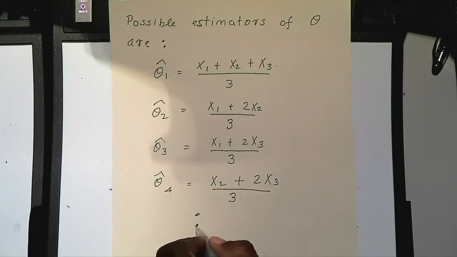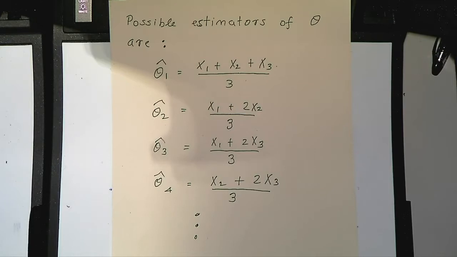So the thing is, there's no one way of estimating a parameter. There are possibly many different ways of estimating the parameter. And the question is, which estimator is the best? Among these 4 estimators I've listed, which one is the best?